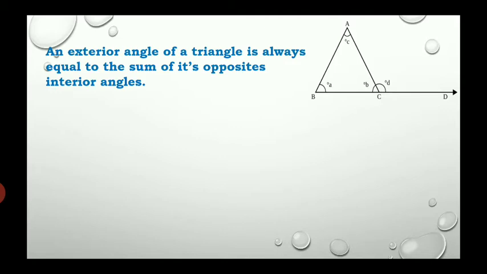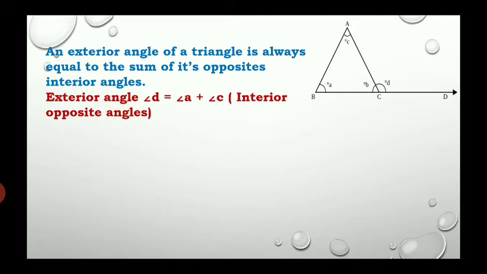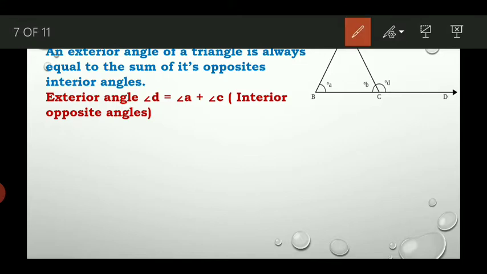And the exterior angle of a triangle is always equal to the sum of its opposite interior angles. This is another theorem. Exterior angle D, you can see, D equals angle A plus angle C. Suppose you are told to find D. So you see the opposite of angle D, already I told you which is opposite of angle D. The opposite of angle D is angle A and angle C, this one and this one.